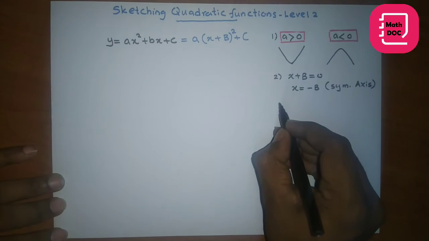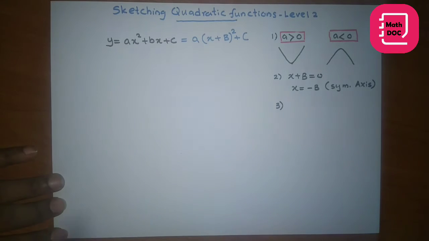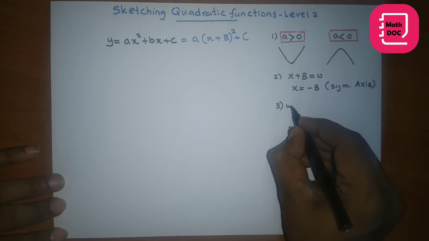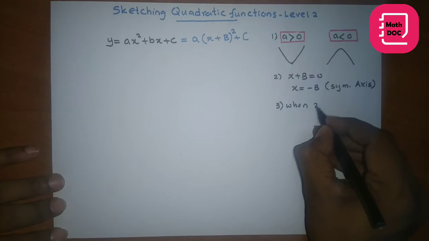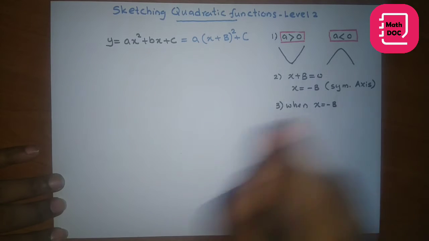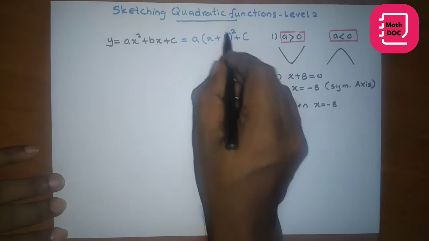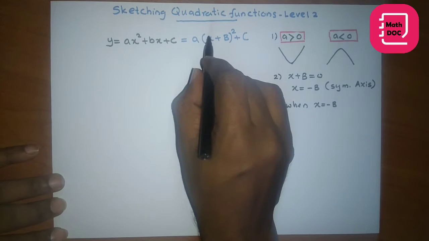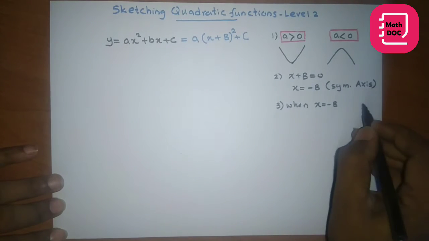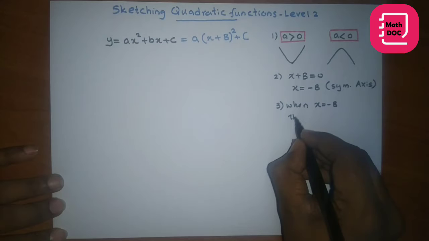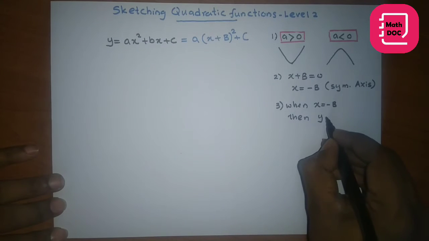Then point number 3: when x equals minus b, that means this perfect square is 0, then the corresponding value is c. Then y equal to c.